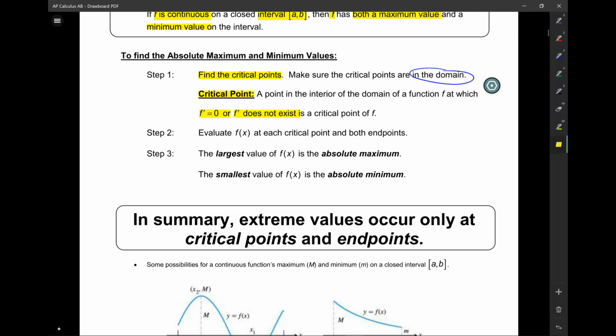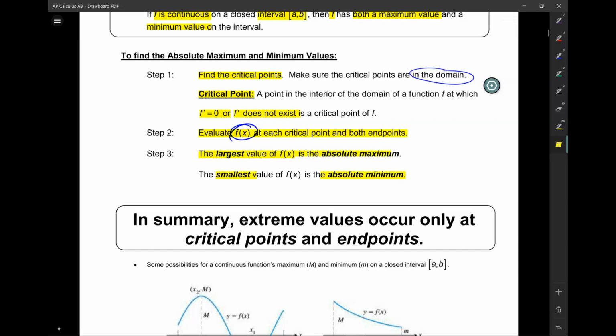All right? So those two will qualify as a critical point. It doesn't have to be both. One is okay. So first we find the critical points. Then we evaluate f of x, and I can't stress this enough, evaluate f of x at each critical point. And now the largest value is the absolute maximum, the smallest value is the absolute minimum.